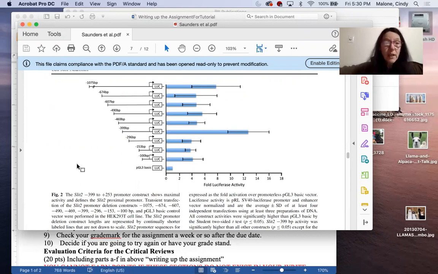If we put this piece of DNA in our plasmid, our expression vector, will it drive transcription? That's our question. We think that if we put this in our expression vector, it will drive transcription. This is our promoter. That would be a hypothesis.